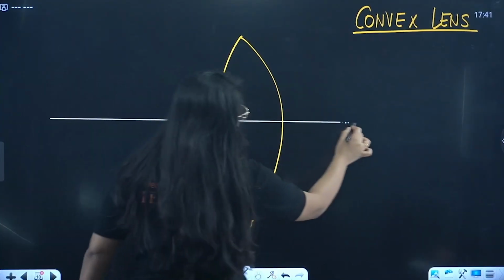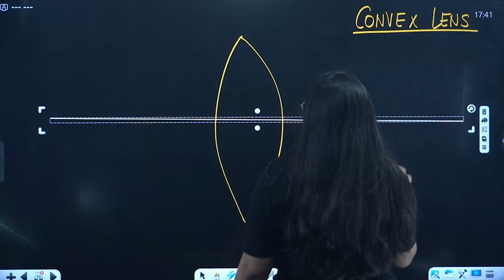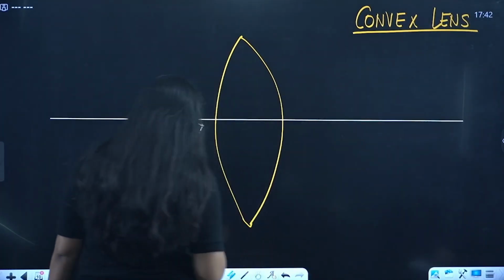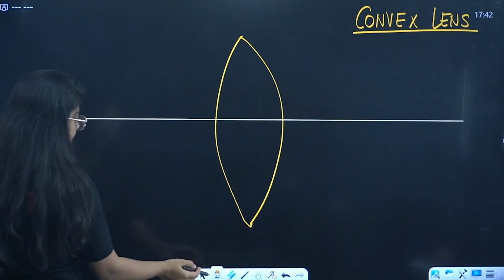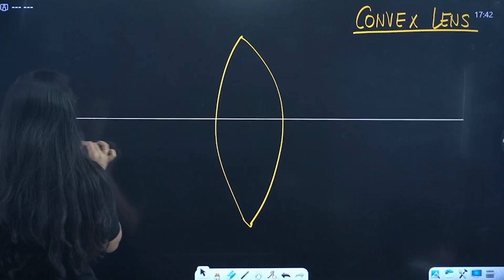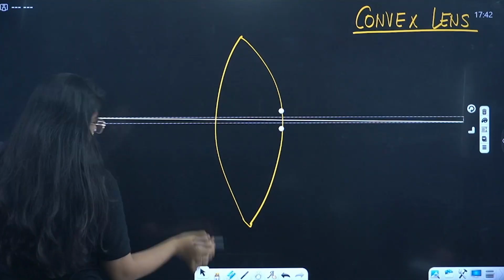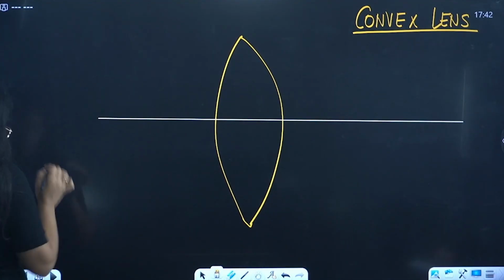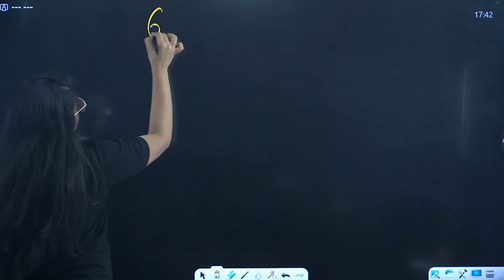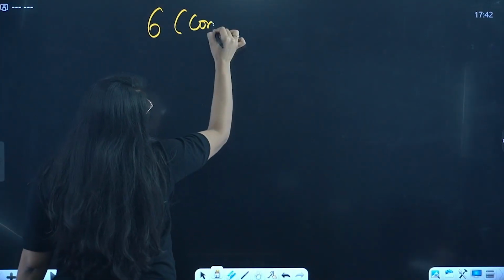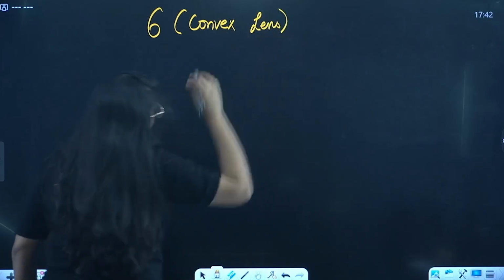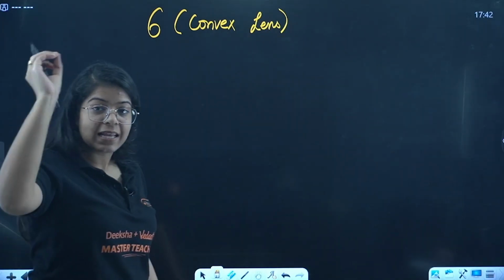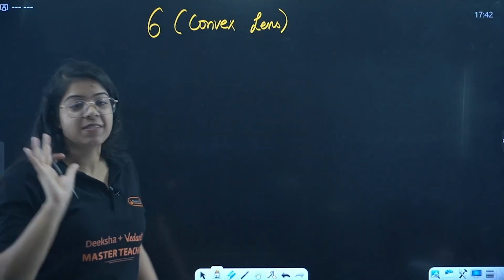Ma'am notes. Okay, so beta, we have again 6 cases of convex lens. Sorry, I'm shorting it. Convex lens beta, we have 6 cases.